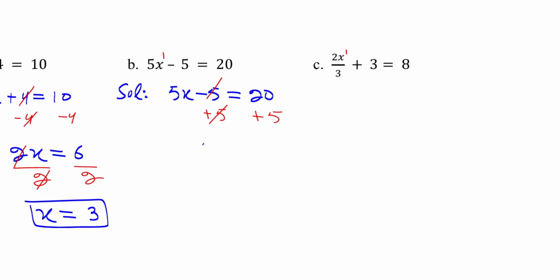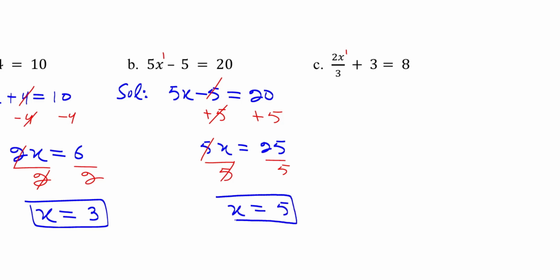So 5 cancels, and you will get 5x equals 20 plus 5, not take away. 20 plus 5 is 25. Next, divide both sides by 5. 5 cancels, and you will get x equals 25 divided by 5, which is 5.